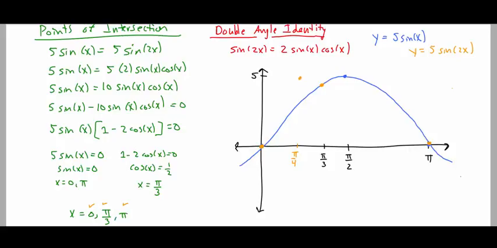So it's going to come in and maximize out here and then turn back down. And let's see what's going on at pi over 2. It's going to cross. 2 pi over 2 is pi. Sine of pi is 0. 0 times 5 is 0. So it's going to come up here and cross, and then it has to come back up. So this is a general curve sketch here. Whoops, I missed it. Let's try that again.